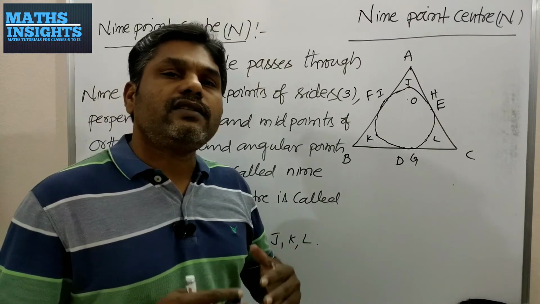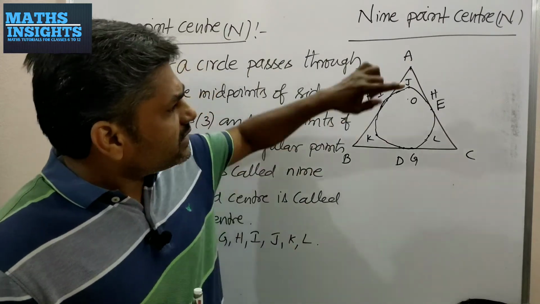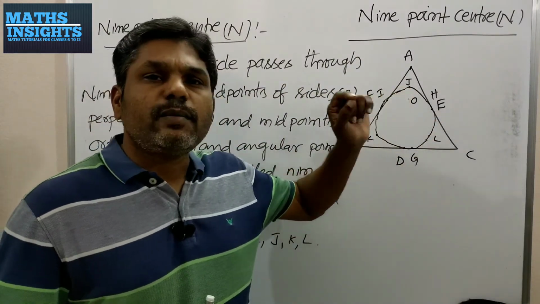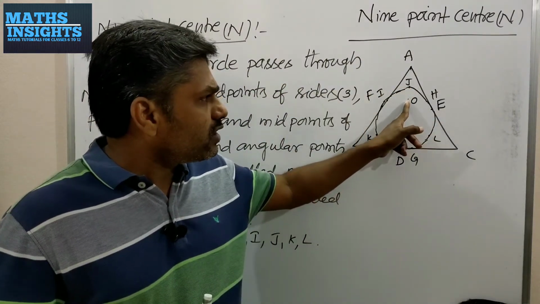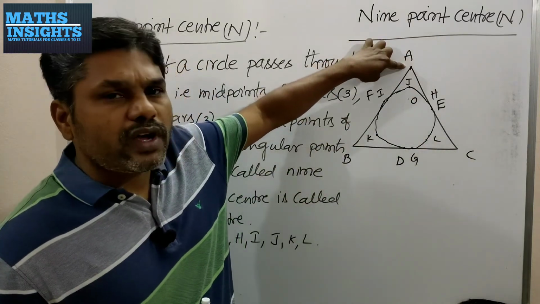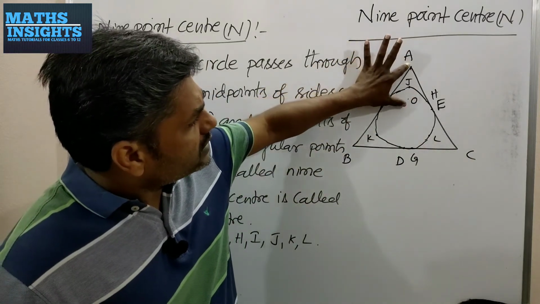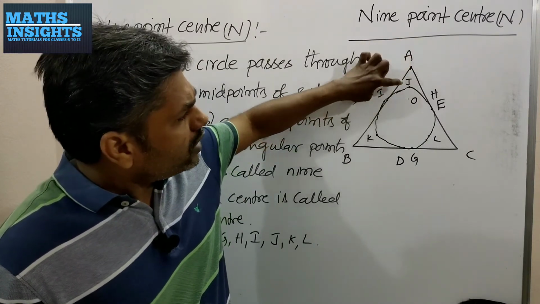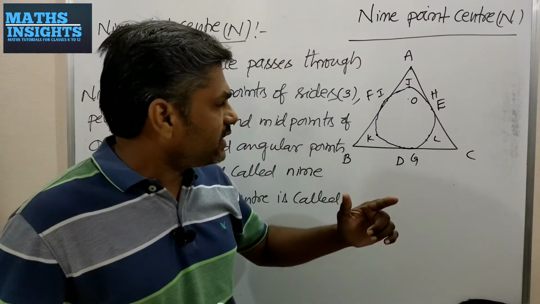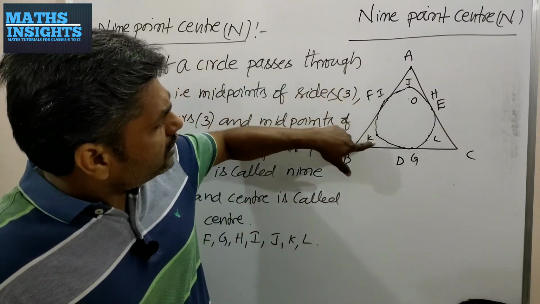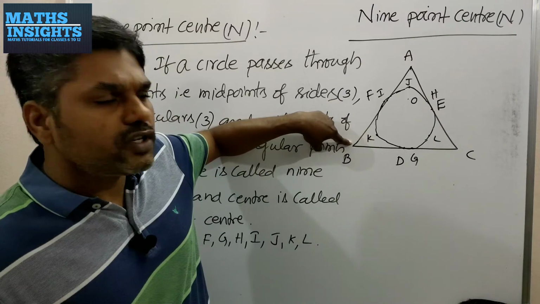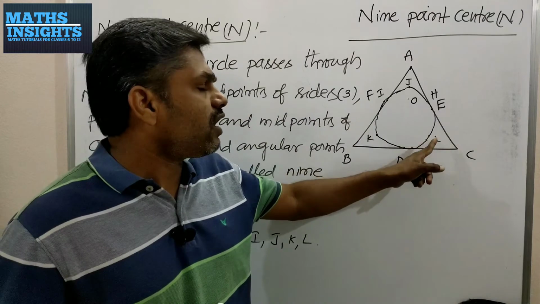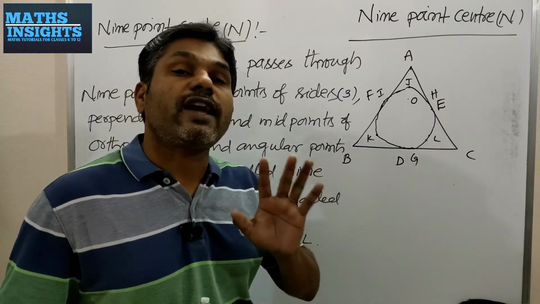And another set of three points are there, that is J, K, L. J is the midpoint of the orthocenter O and the angular point A. See, this is the angular point, this is the orthocenter. For these two points, you may have one midpoint, let it be J. And similarly, you will have another midpoint of the angular point B and the orthocenter O. Similarly, you will have L. See, you have now nine points.